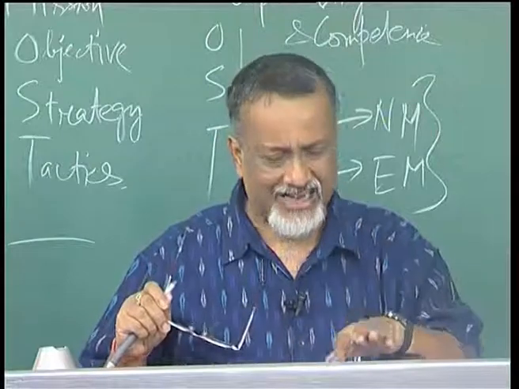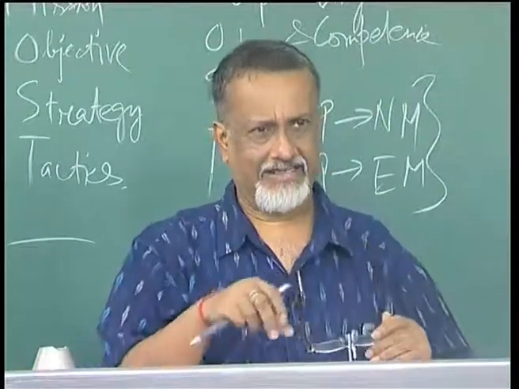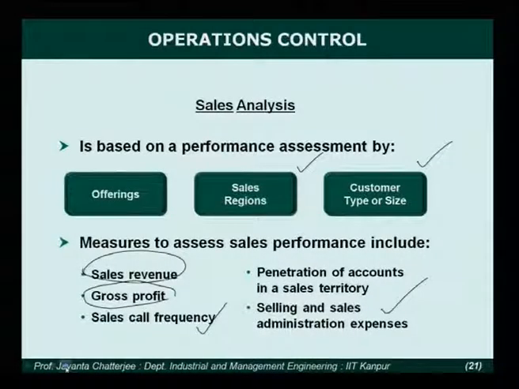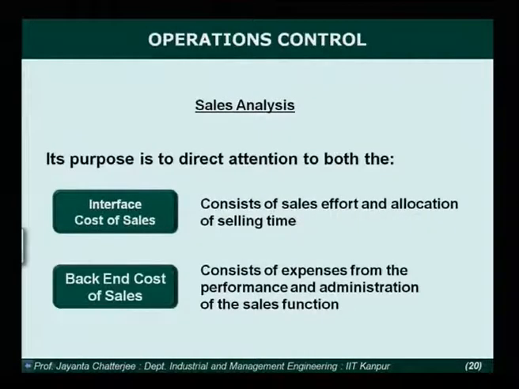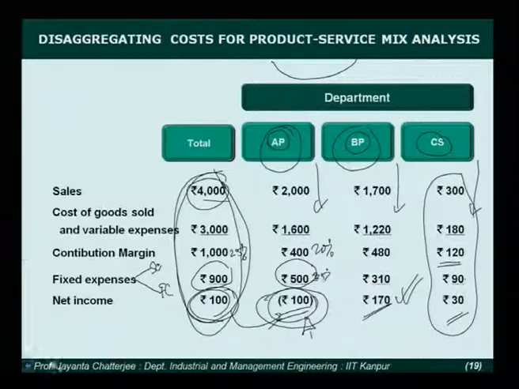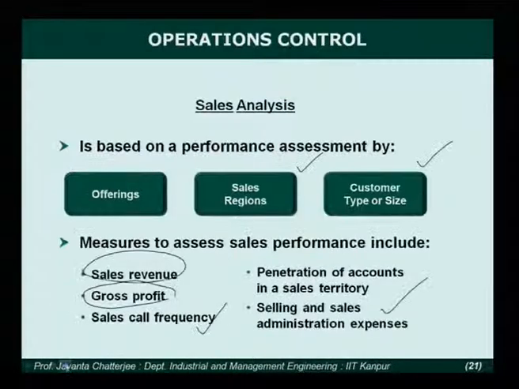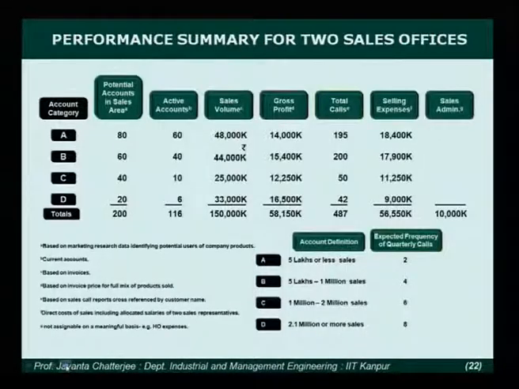So we are looking at the same set of data like the sales revenue or gross margin or contribution and the fixed expenses, but this time instead of analyzing by type of product or type of service, we would like to look at the customer type, the other frontline activities.